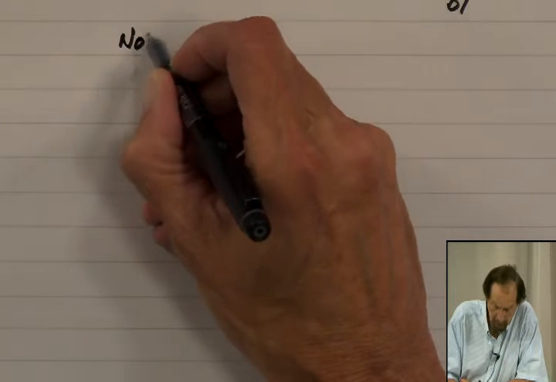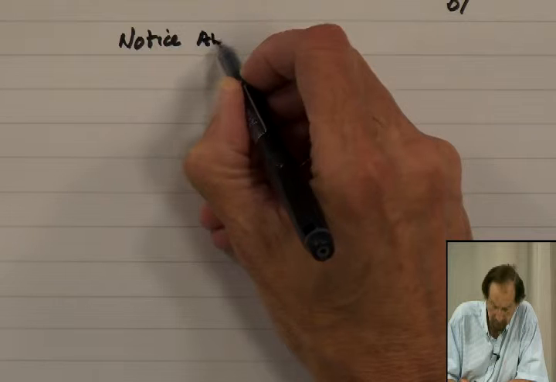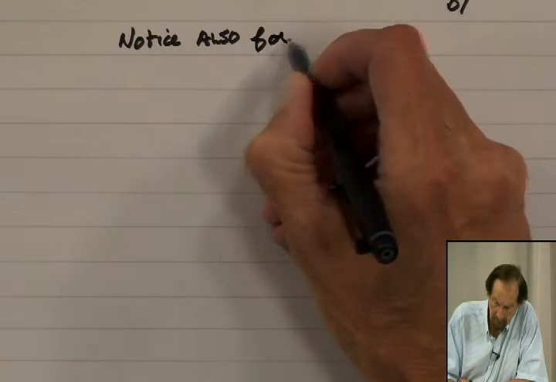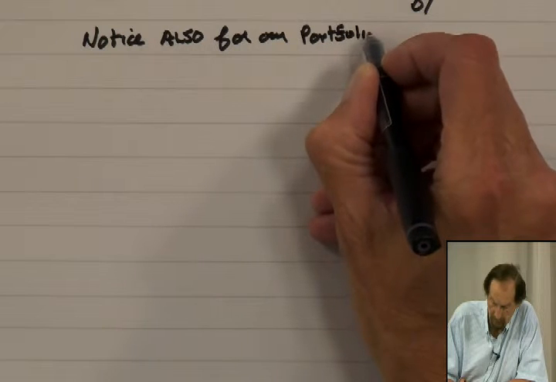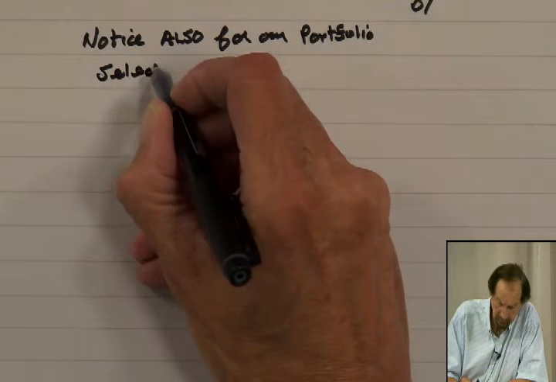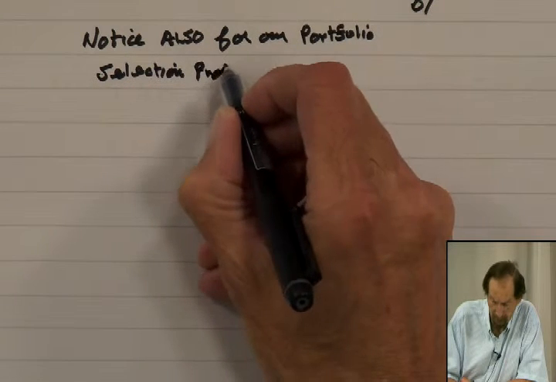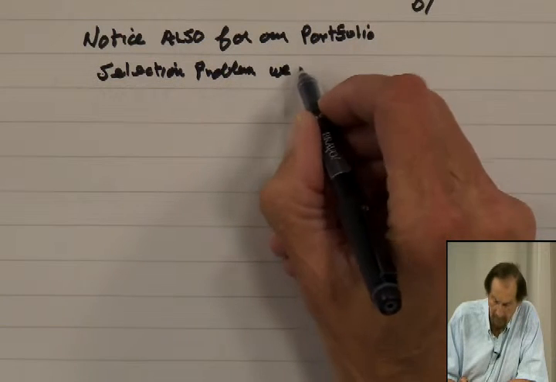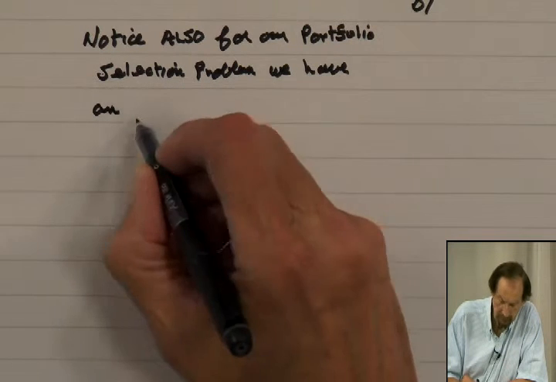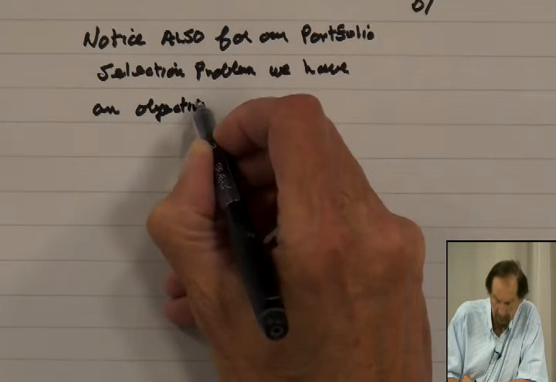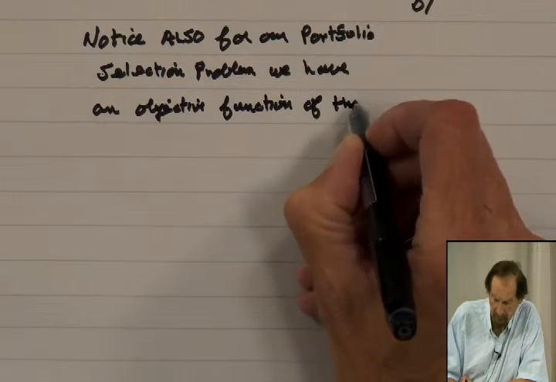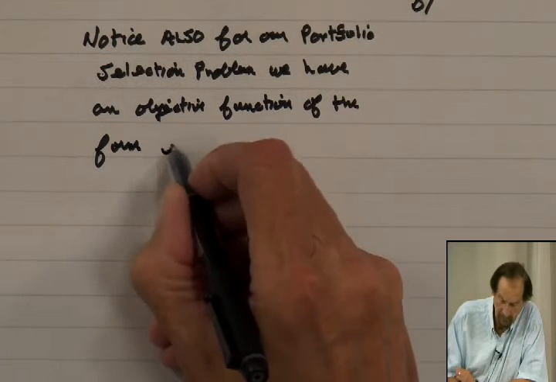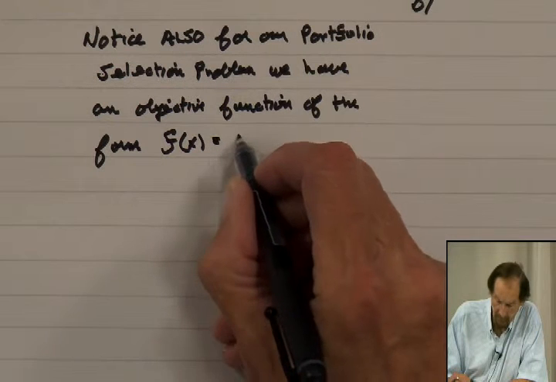Now, notice also for our portfolio selection problem, we have an objective function of the form f of x equals x squared, right?